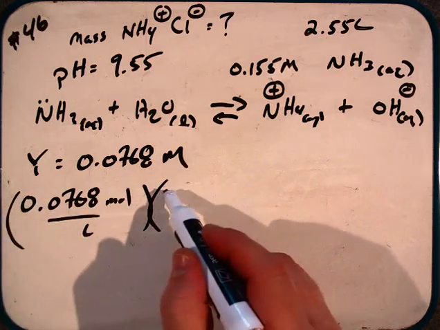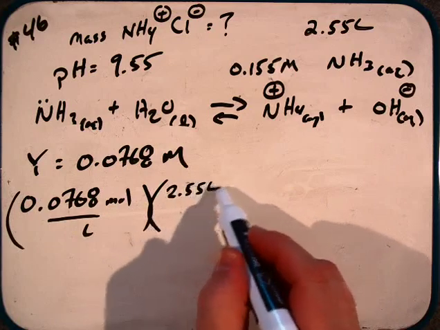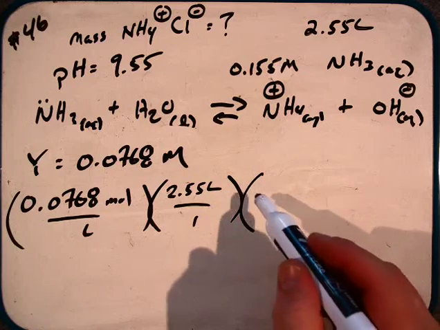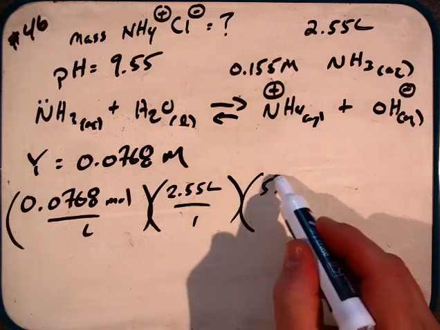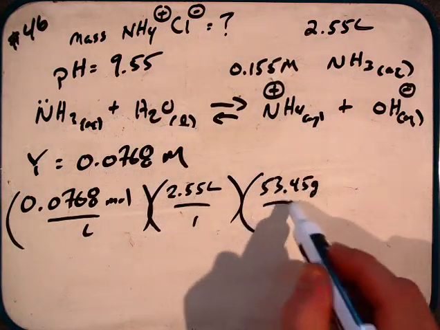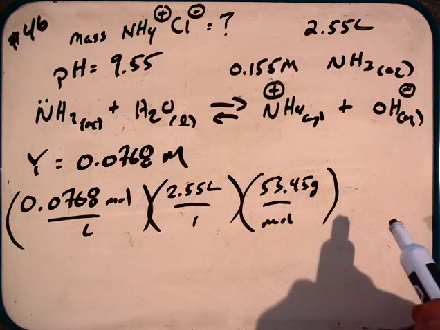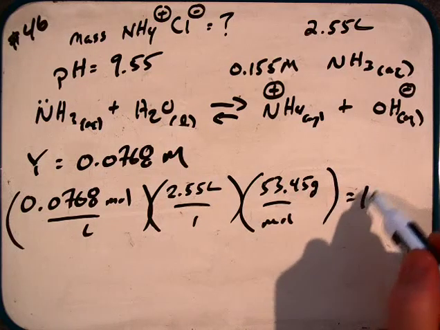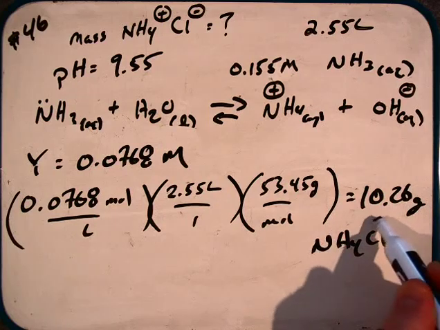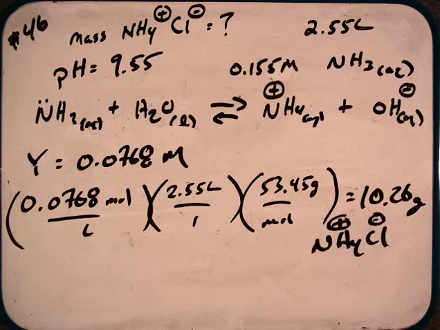We can then use our volume of 2.55 liters to get into terms of moles, and then multiply that by the mass of the ammonium chloride, which is 53.45 grams, to get us 10.26 grams of ammonium chloride that is needed to make this buffer that has a pH of 9.55.